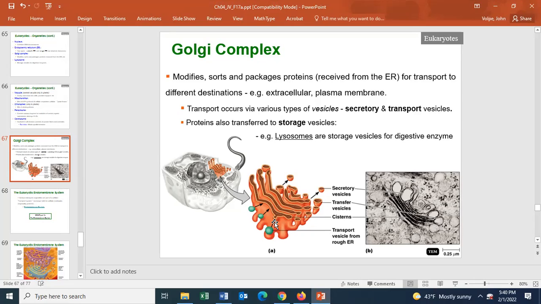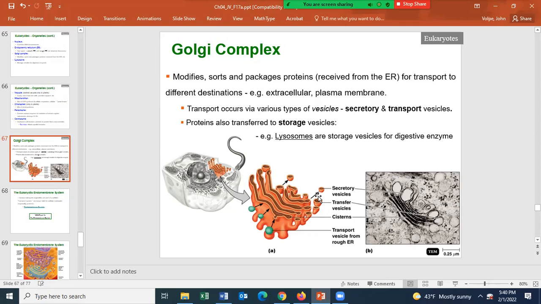When the Golgi apparatus is done modifying the proteins and sorting them, it will then package the proteins up in a vesicle, which will then come out of the Golgi apparatus from the opposite end, meaning vesicles fuse into the Golgi on this end, and then vesicles leave the Golgi on this end.